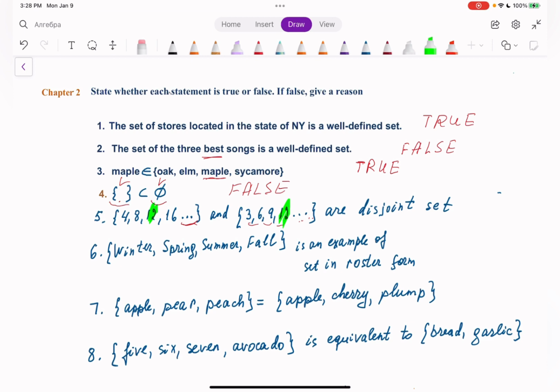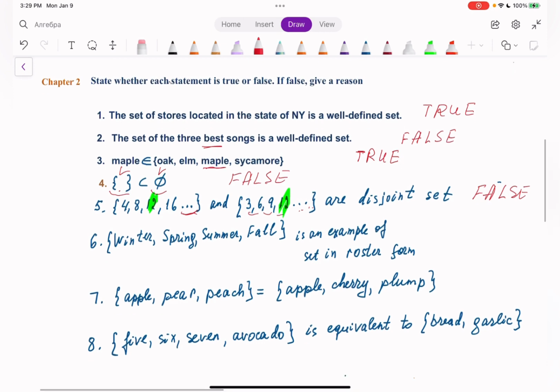But in the first set we have 12 and here too, which means they are not disjoint, meaning disconnected. Okay, so question number 5 we are going to identify as false, because 12 is a member element of both sets. Disjoint meaning disconnected, they don't have anything in common.